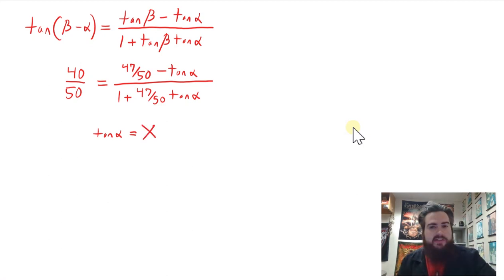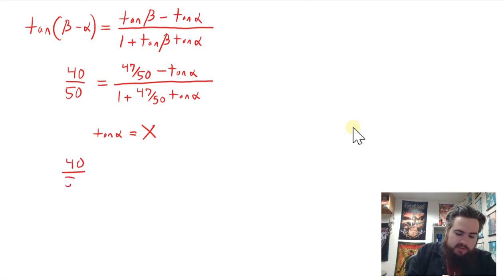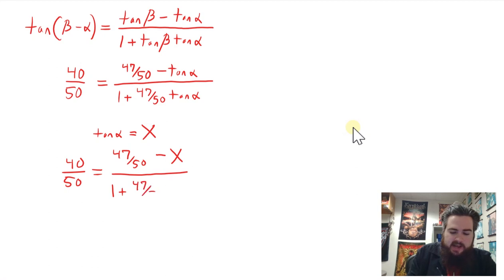For some, that will clean this up and make it look a little bit easier. 40 over 50 equals 47 out of 50 minus x divided by 1 plus 47 out of 50 times x.